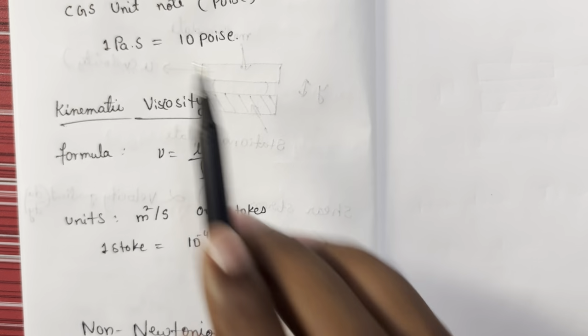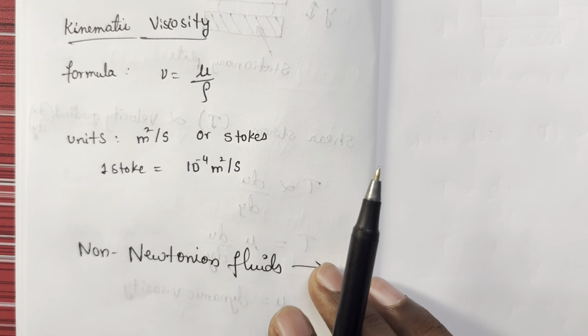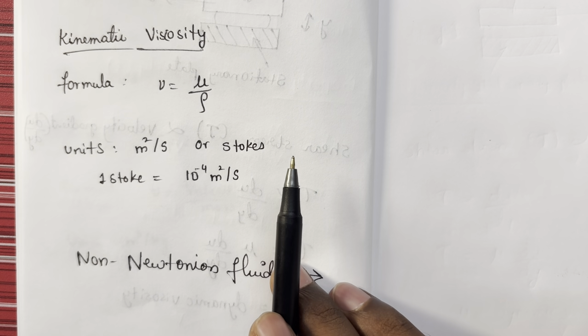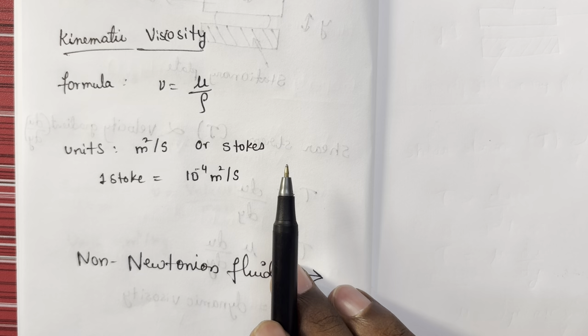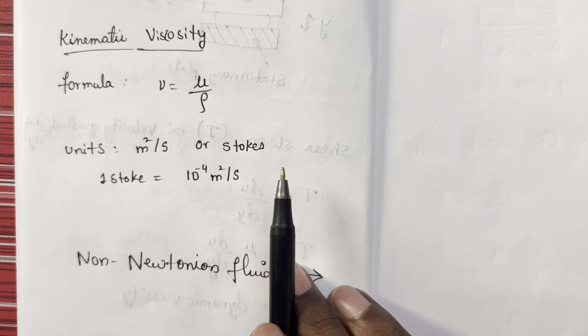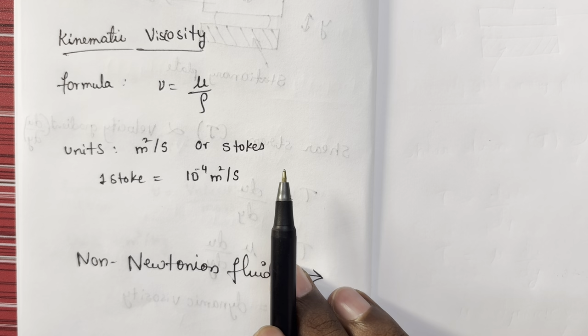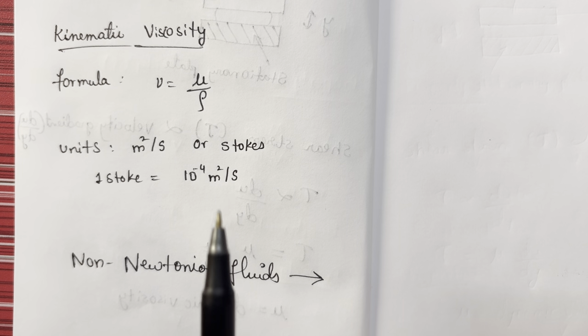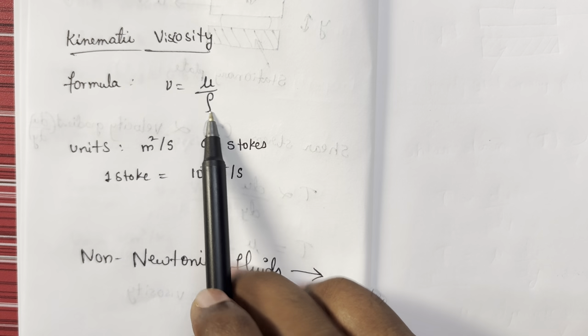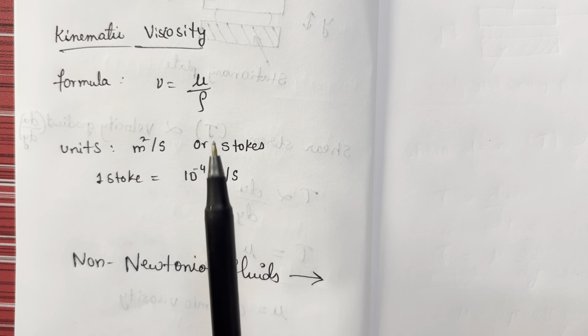Now you will often hear a term called kinematic viscosity. Kinematic viscosity is nothing but you just divide dynamic viscosity by density.